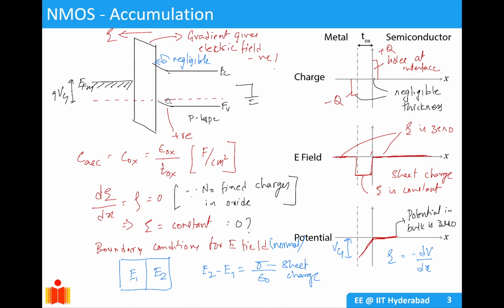Due to this upwards band bending, your Fermi level becomes closer to your valence band, which means there are more p-type charges here compared to before. It's a p-type semiconductor, so holes were already majority carriers. Now there are even more holes. That means holes are getting accumulated in this region. That is why it's called accumulation.